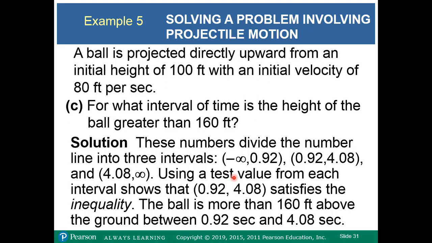If it's positive, it's greater than 0; if it's negative, it's less than 0. We want to find where it's greater than 0, and we'll find that the ball is more than 160 feet between those two values, which is what I had reasoned before. But again, when in doubt, use a test point.